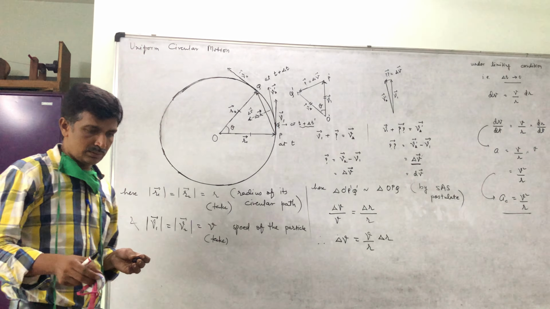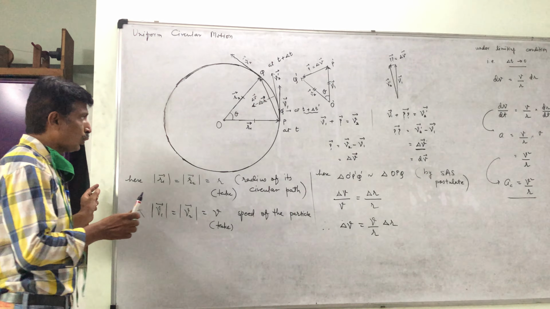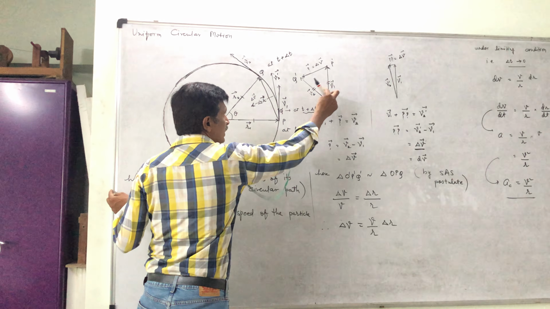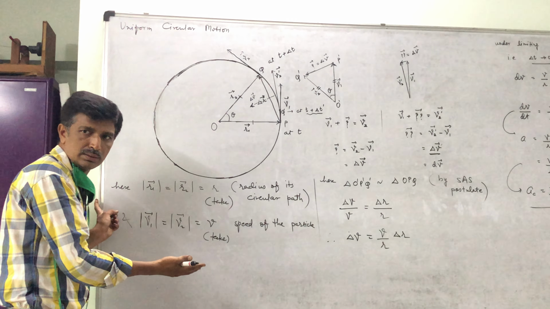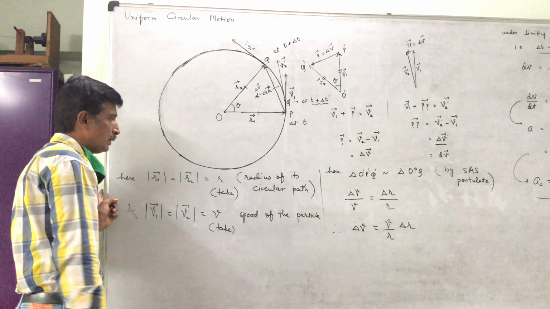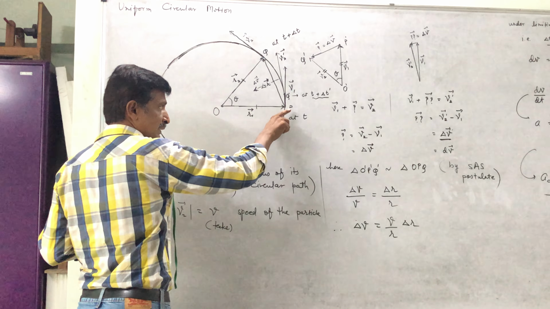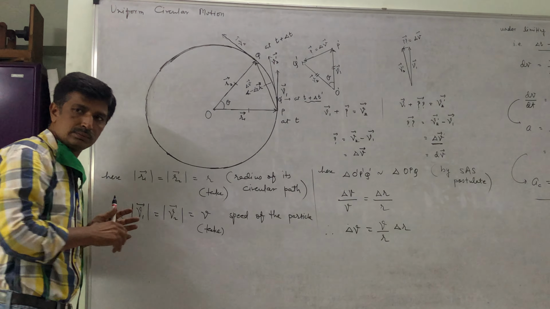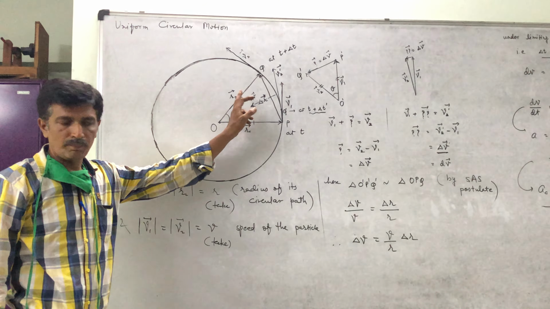Here we have considered uniform circular motion, that is, speed is constant. So mod V1 equal to mod V2 equal to V, which is the speed of the particle. And this is the circular path. As position vectors, R1 and R2 are different, but by magnitude they are radii of the same circle.